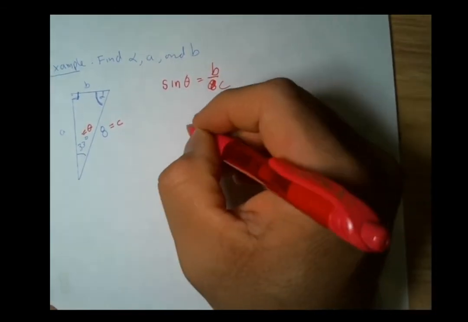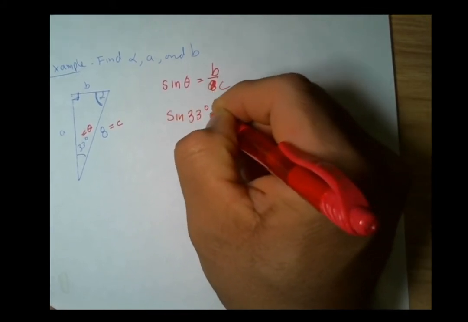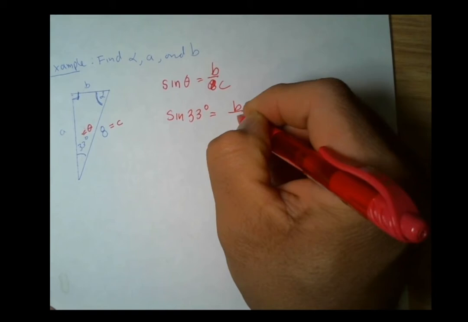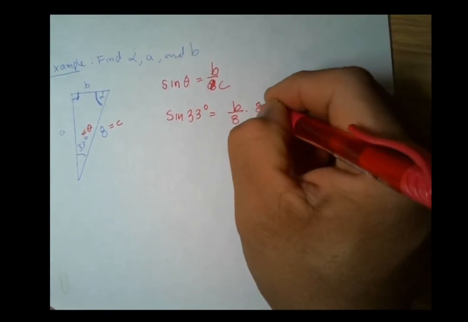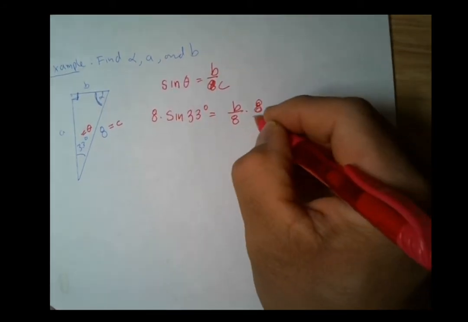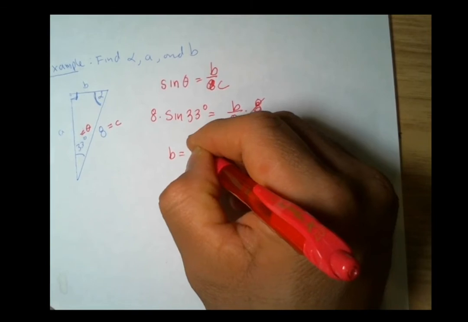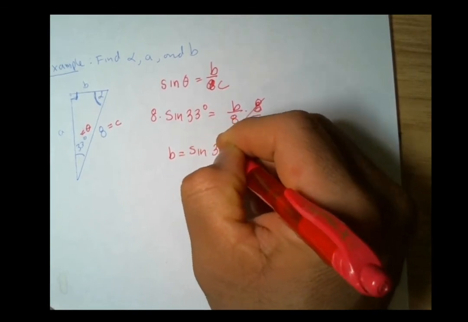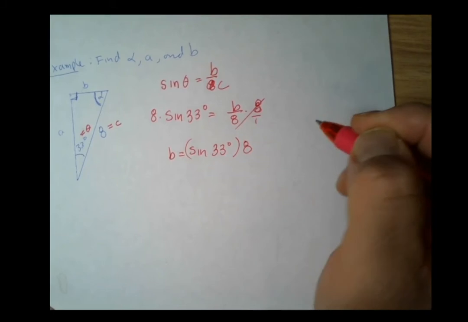Then I'll plug in everything I know. Sine of 33 degrees is equal to b over 8. And then times 8 on both sides. That reduces to 1, and we get b is equal to sine of 33 degrees times 8.